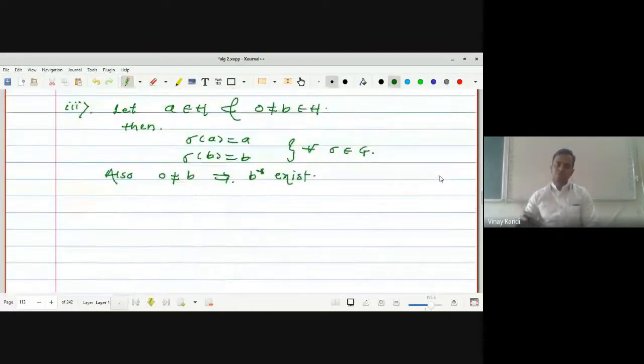Okay, so also non-zero B, sorry, zero is not equal to B implies B inverse exists. Give the reason here.